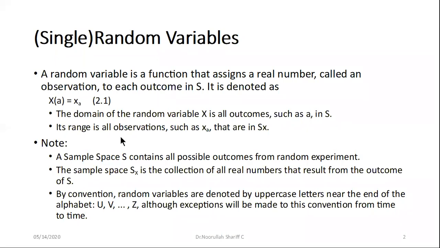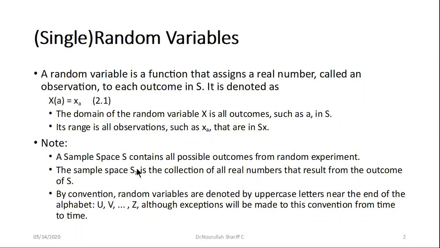That will become the sample space. But if the dice is so crooked that 6 never occurs, then Sx will contain only 1 to 5. So whereas a can take values 1 to 6, X(a) can take only 1 to 5, because it is highly crooked and 6 never occurs. That's the difference between S and Sx.